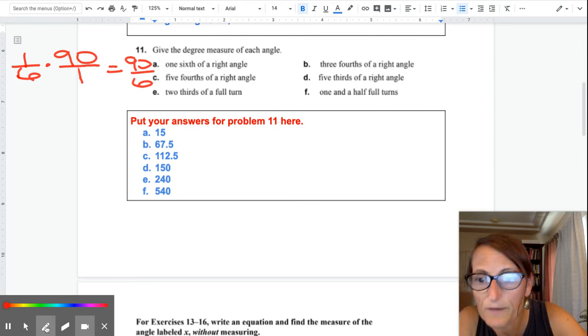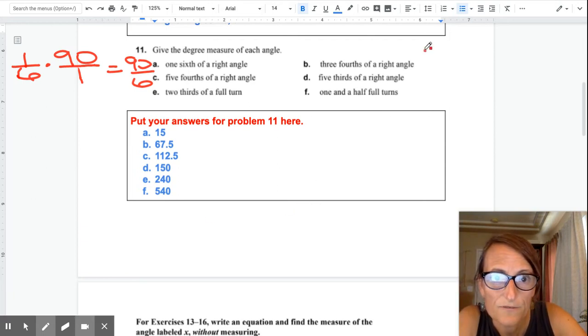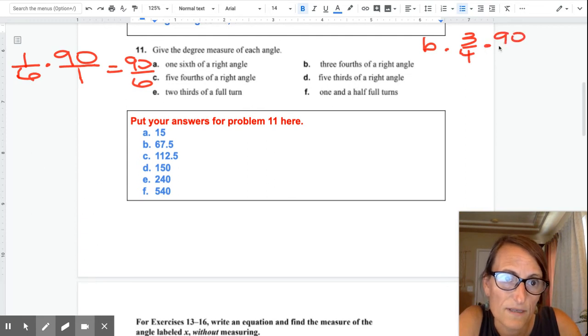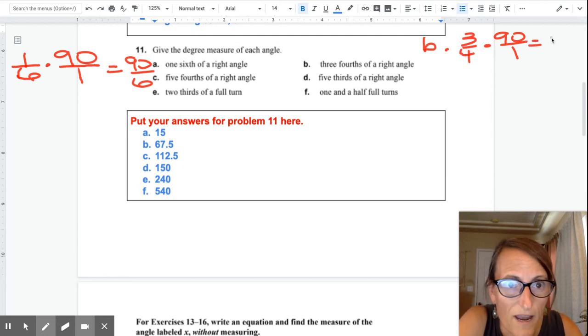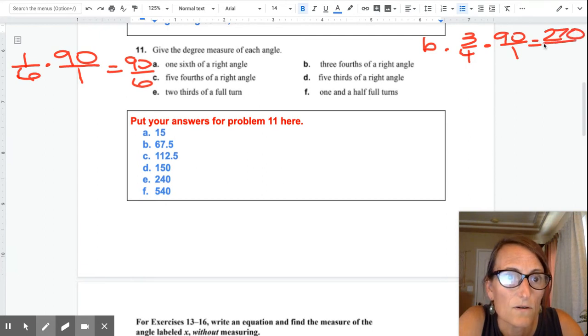So for B, you are doing 3/4 of 90. So again, you could do 90 over 1. And if you want to just do it like fractions, you would do 3 times 90. That would give you 270 over 4 times 1 is 4.